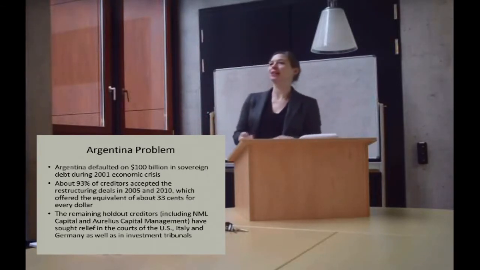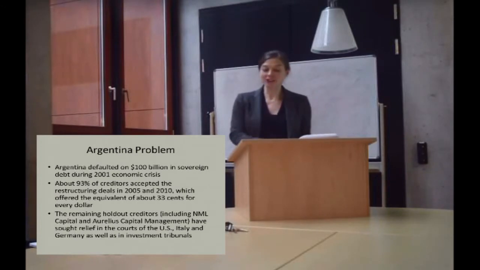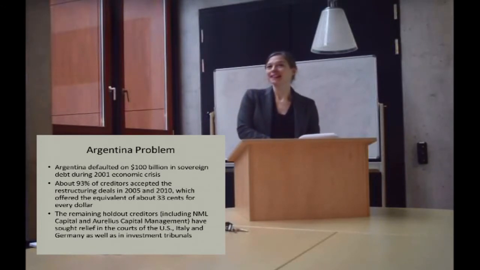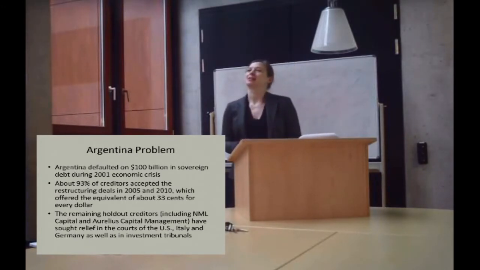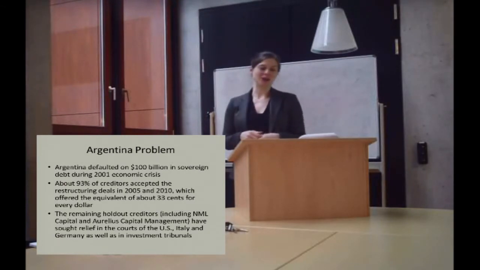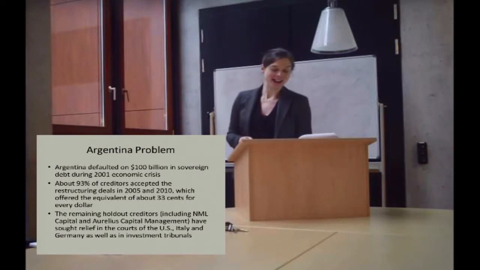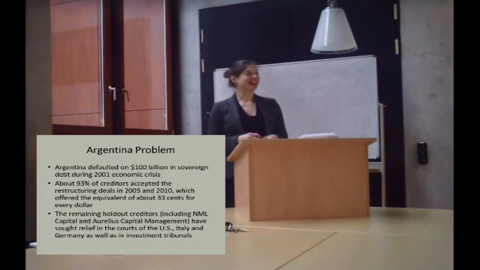If they're only going to get 33 cents on every dollar that they had anticipated getting, perhaps there's value in them not accepting those offers. Now, 93% of creditors did actually accept in 2005.